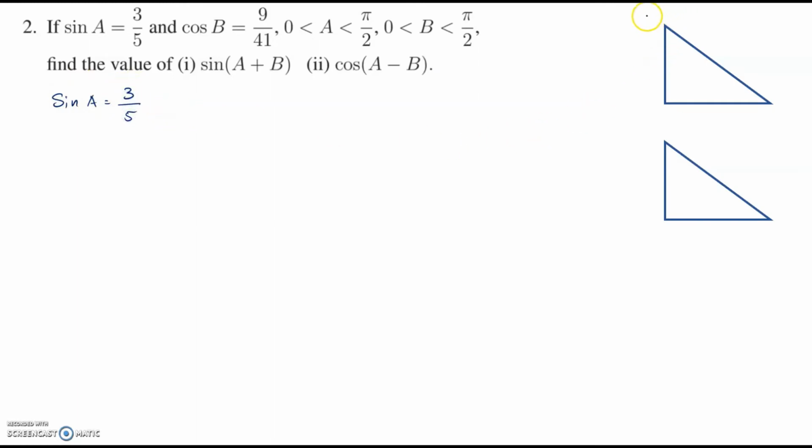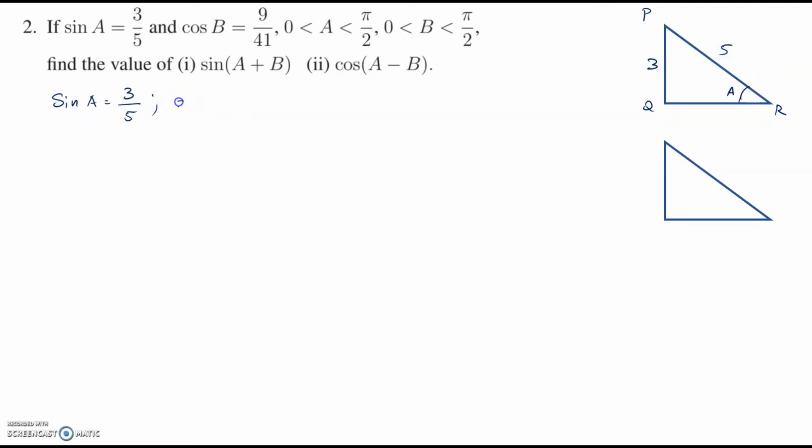So let's consider this triangle PQR and let this angle be A. Then PQ would be 3 and the hypotenuse would be 5.